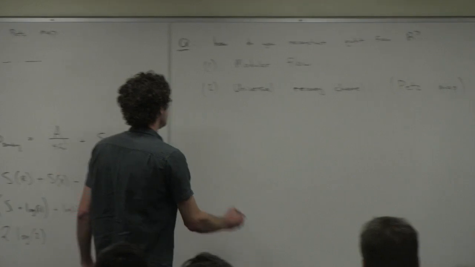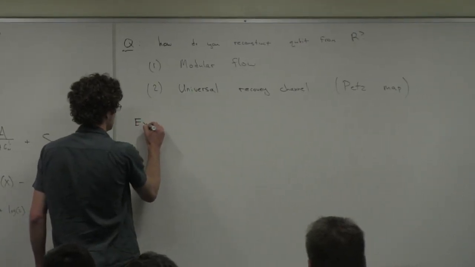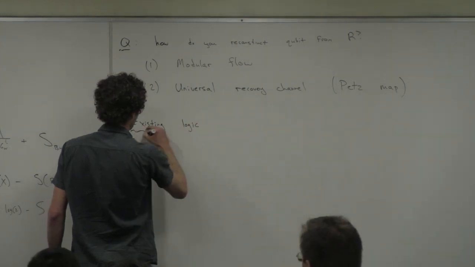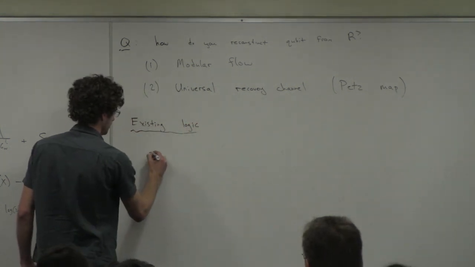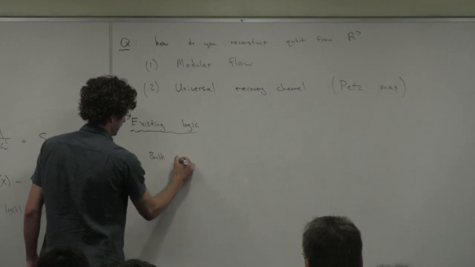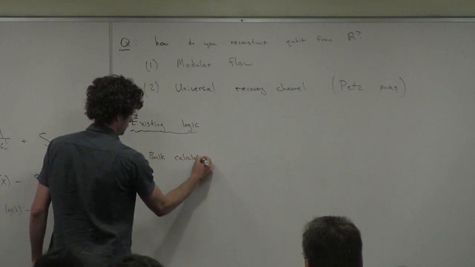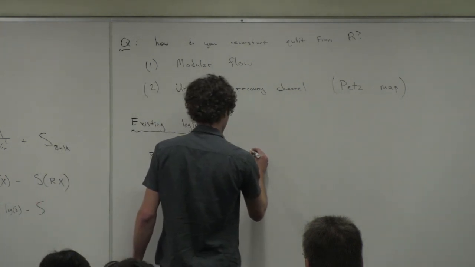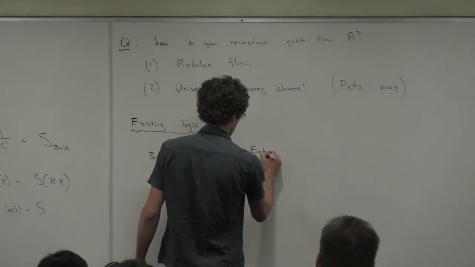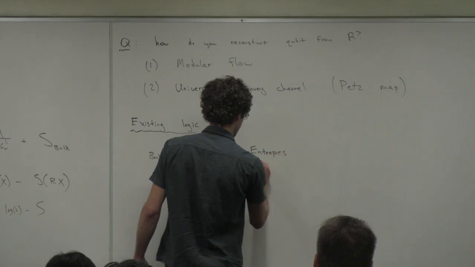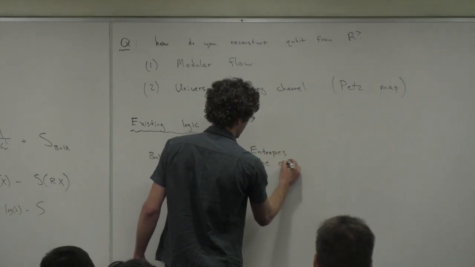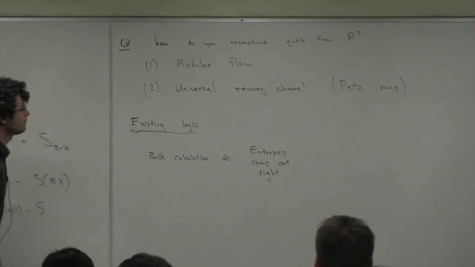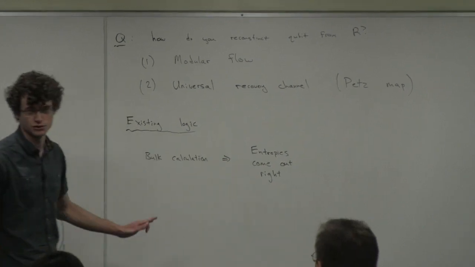And the flavor of their argument was the following. You do some bulk calculation, like the one that we just did, which implies that entropies come out right, I'm going to be very informal here, which means essentially that the conclusion you come to by computing some entropies is that reconstruction should be possible.